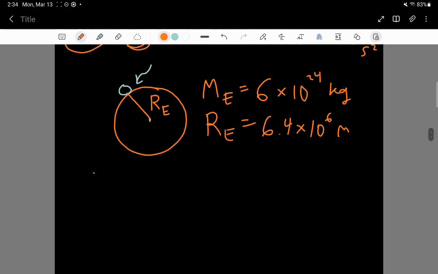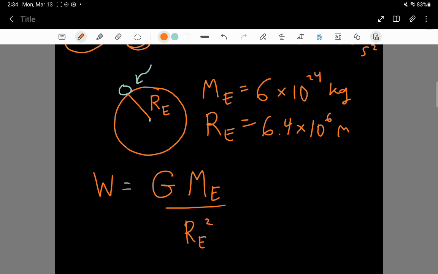So the weight force is equal to G, that capital G, 6.67 times 10 to the minus 11 with all its SI units. And then we multiply by the mass of the Earth divided by the radius of the Earth squared, multiplying the mass of a 1 kilogram object.